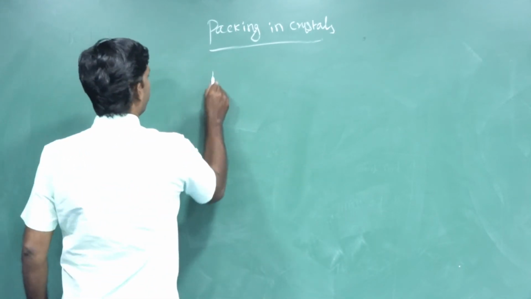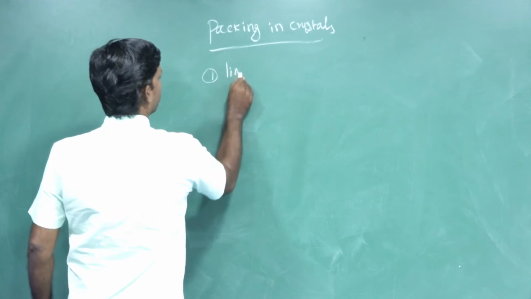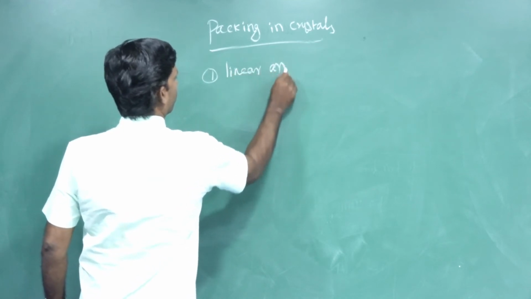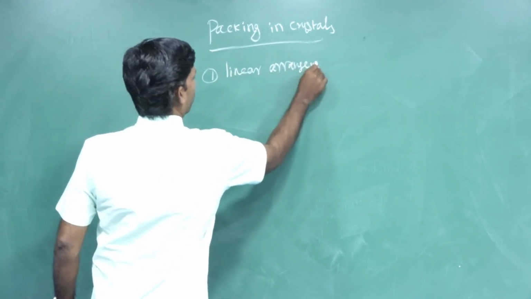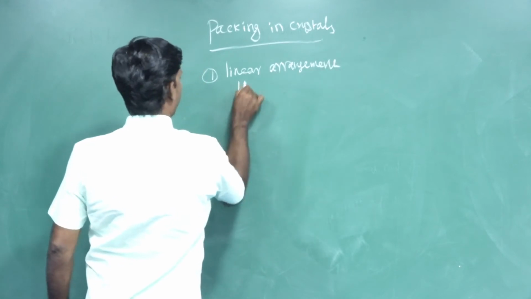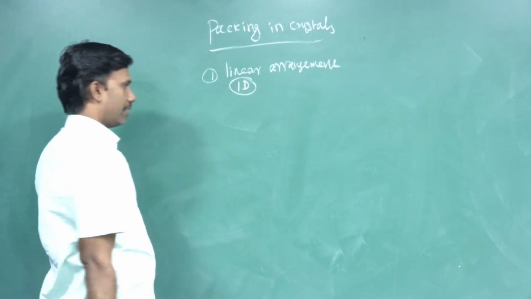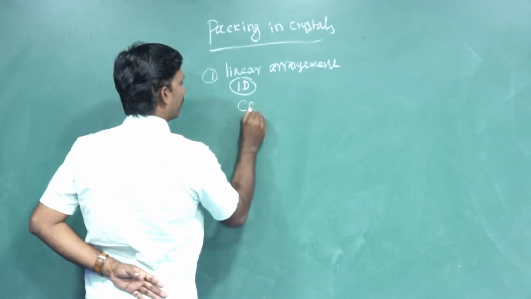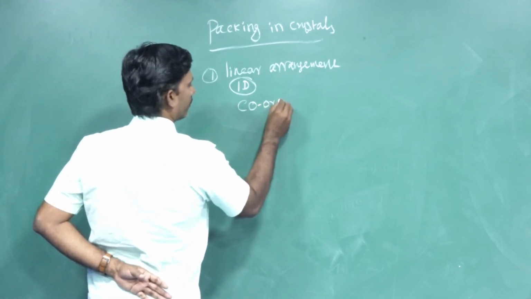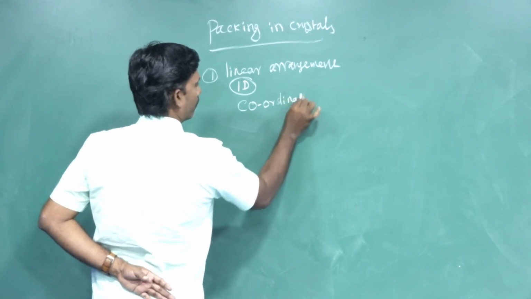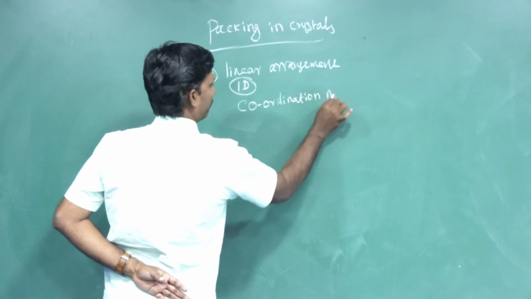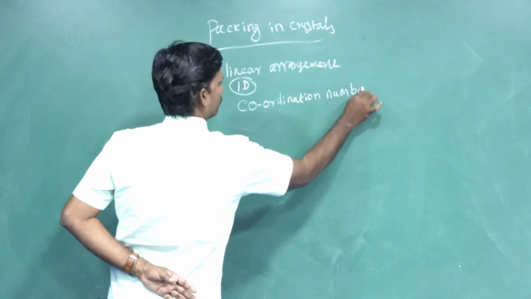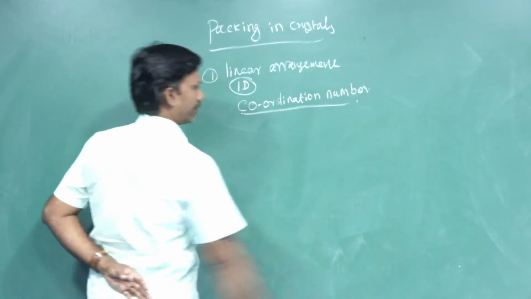First, linear arrangement. That is 1D. Linear arrangements are 1D. Before that, you should know the coordination number. What is called the coordination number?